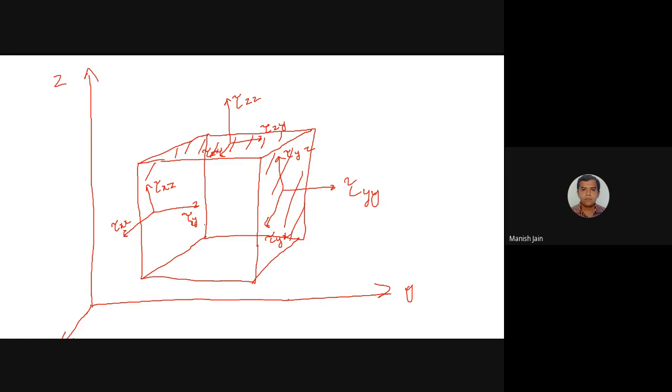In this way you can represent all the different forces. This is the direction of the forces in the Cartesian coordinate system for different surfaces. Basically you have 9 forces applied on the 6 different surfaces. So this is the basic of the second axiom.